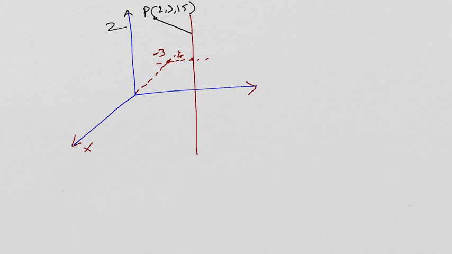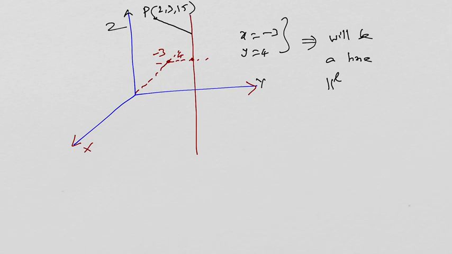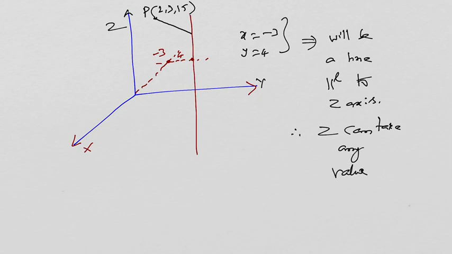Z axis, y axis. The line with x equal to -3, y equal to 4, is a line parallel to z axis. Therefore, Z can take any value along the line. Charge is infinite line charge.